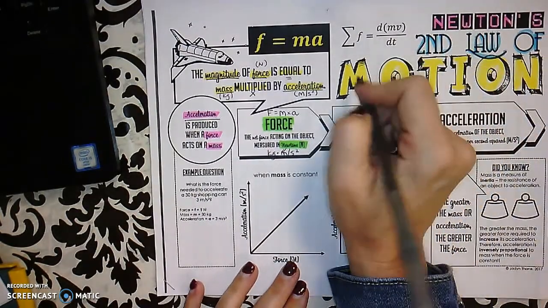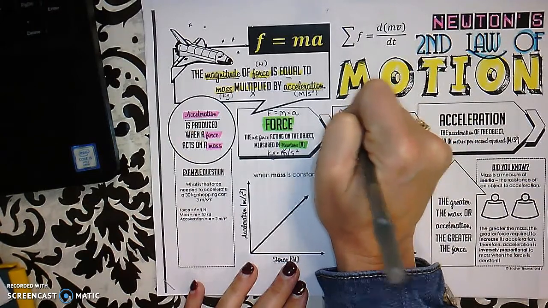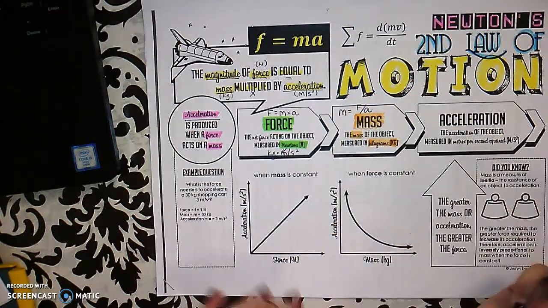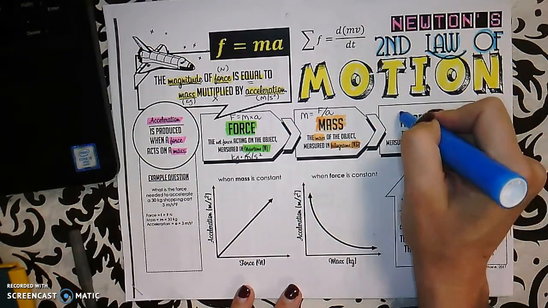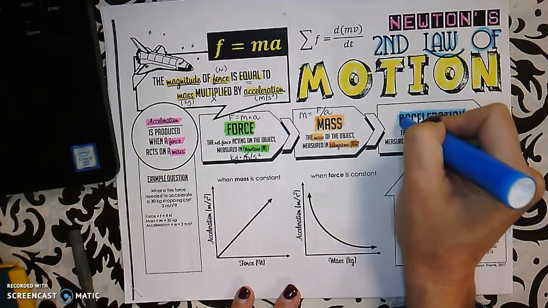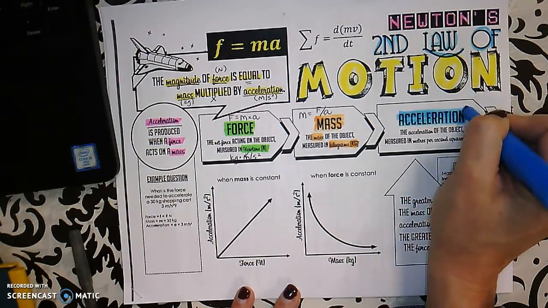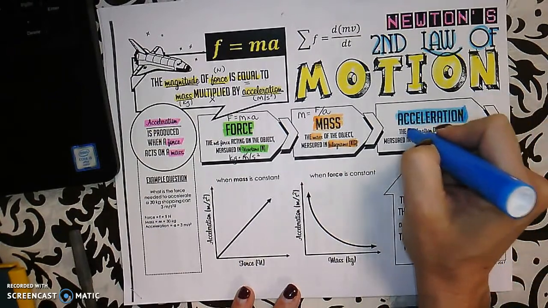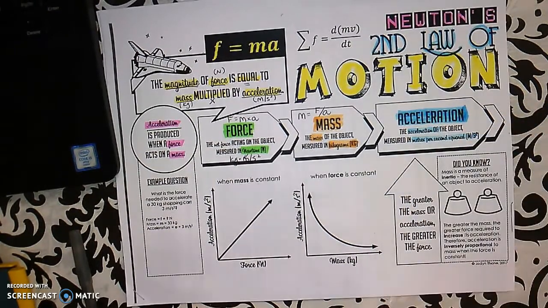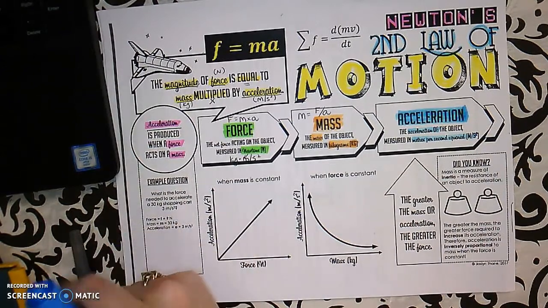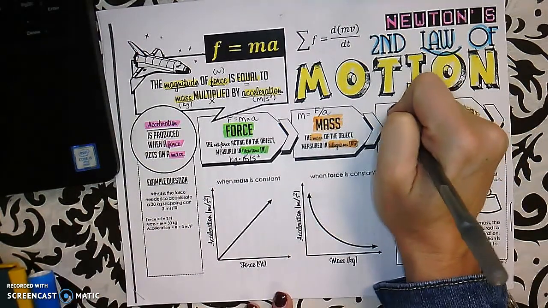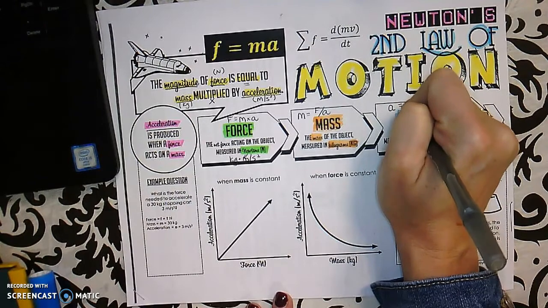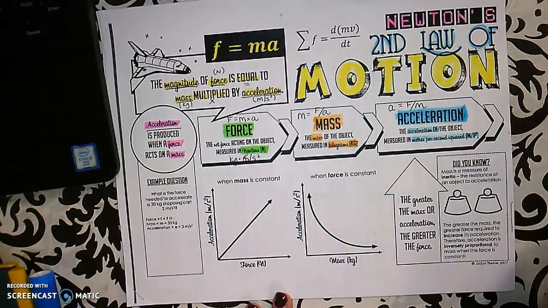When we plug all this in a triangle, mass is going to be force divided by acceleration. Then our last piece of the puzzle here is acceleration. Remember last unit we learned that acceleration is to speed up, slow down, or change direction. Acceleration of an object is measured in meters per second squared, a meter per second per second. So when we calculate acceleration, it is going to be force divided by mass.